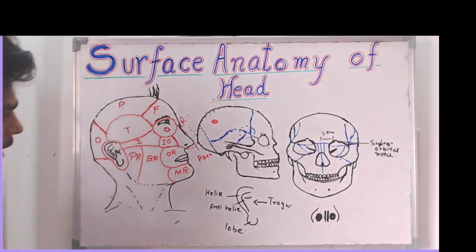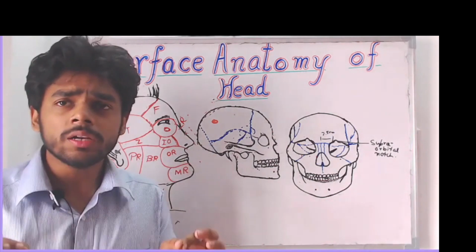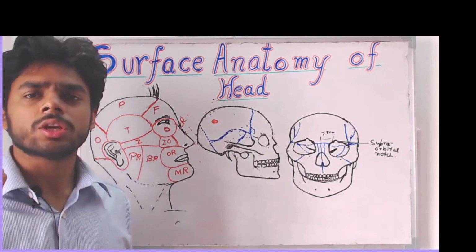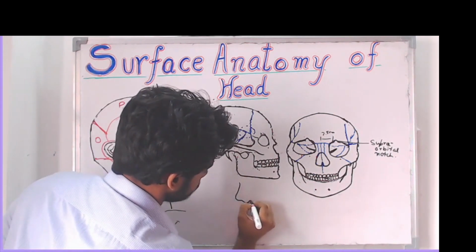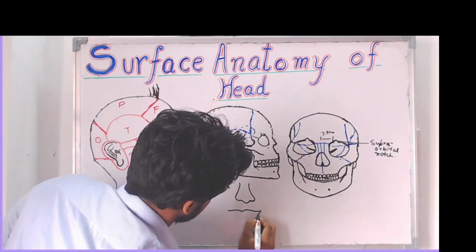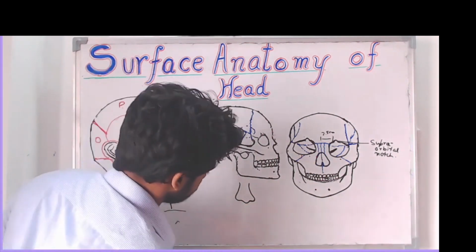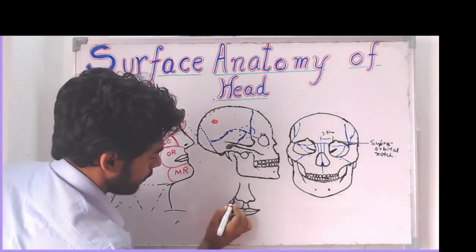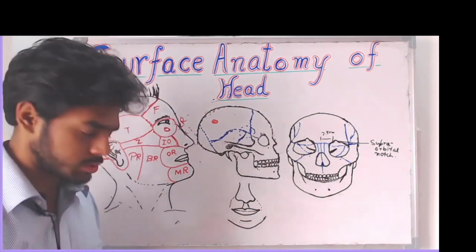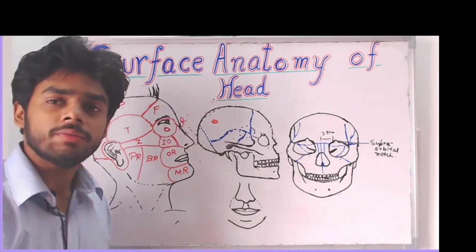Now we will study the oral region. In this region, the first structures we notice are the lips. Let's make the frontal view of this. We will mark these structures and then study them.